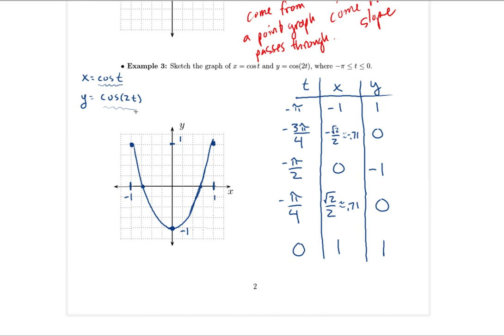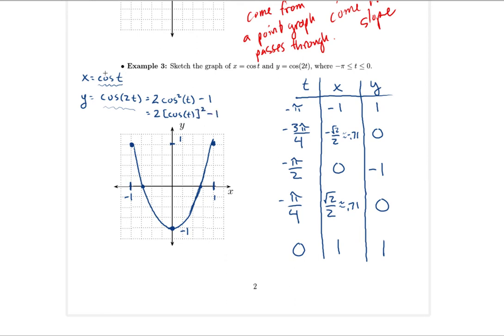And what I would hope would jump to your mind here is that this is a double angle formula. And I can write it as 2 cosine squared of t minus 1. But this cosine squared of t, let's not lose track of the fact that that is literally just the cosine of t squared, minus 1.